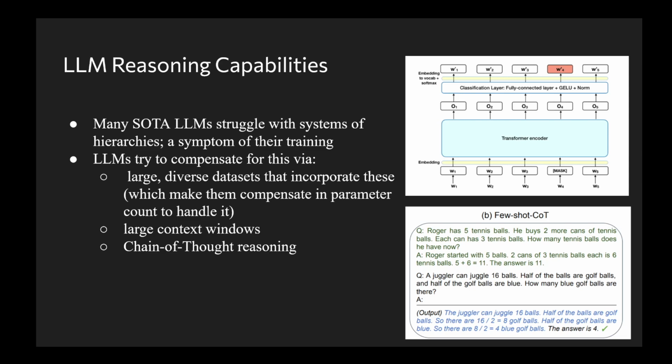And to expand on this training objective, there's also next sentence prediction, which has a similar issue. The masked words and tokens don't fully capture the roles of interactions between the multiple information structures and hierarchies.